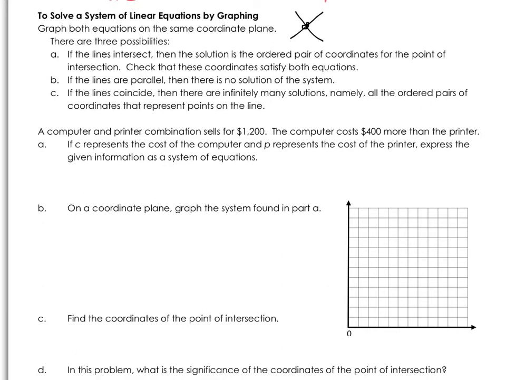If the lines are parallel, that means there is no solution. If the lines coincide, in other words, one is right on top of the other, it's the same line, then there are infinitely many solutions. All the ordered pairs of coordinates that represent points on the line. Each one is a solution.